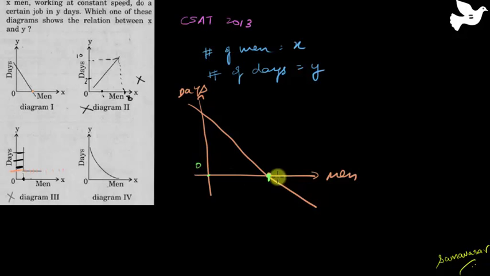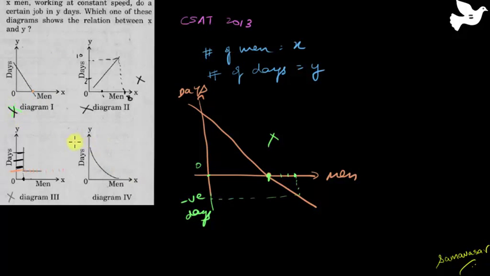We need to take a certain finite amount of days greater than 0, even if it is like 0.1 days. And if I go even further, so these many men are actually, according to this graph, finishing the work in less than 0, so a negative number of days. Again, this is totally inconsistent. So just paying a little bit of attention to the detail will tell you that this is also wrong.